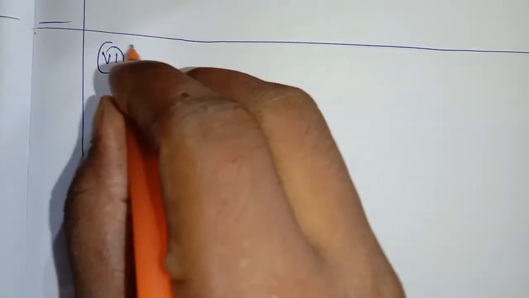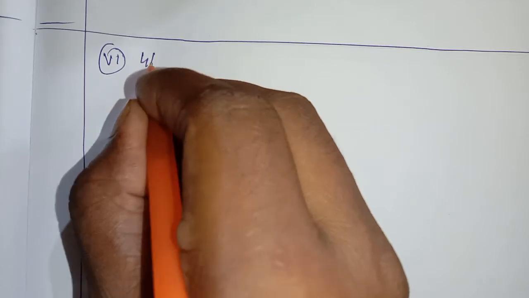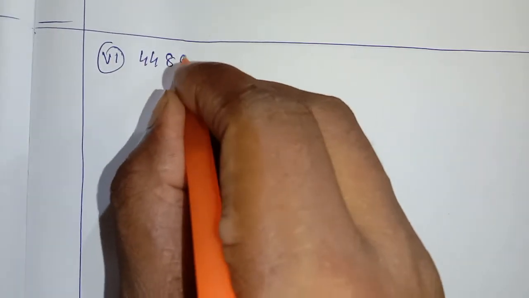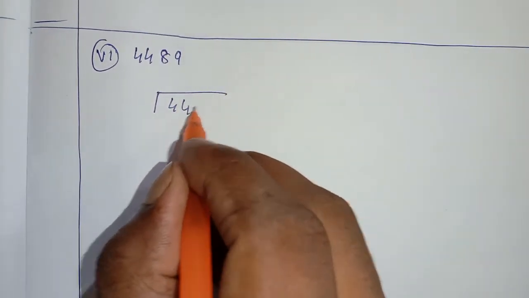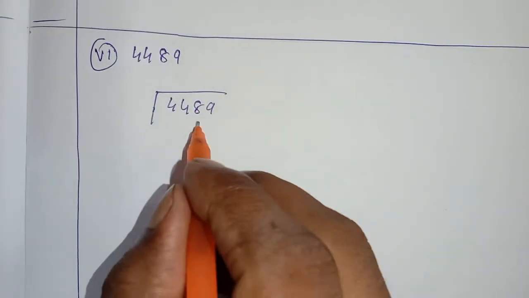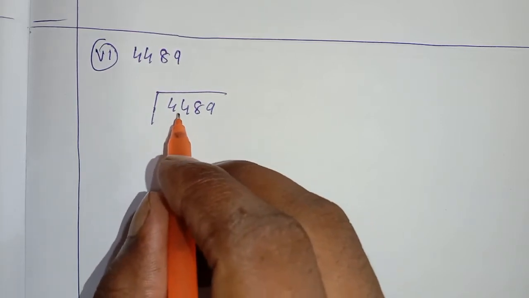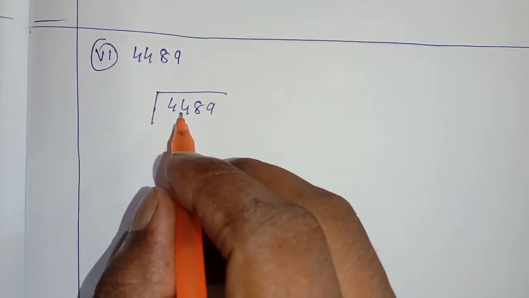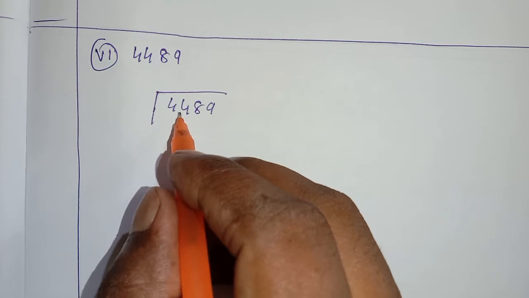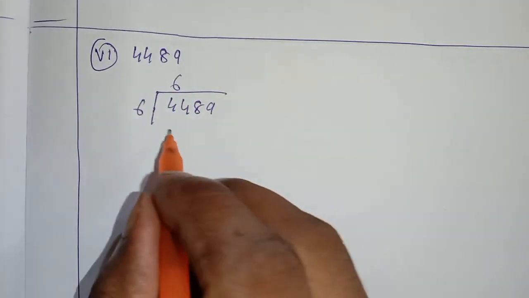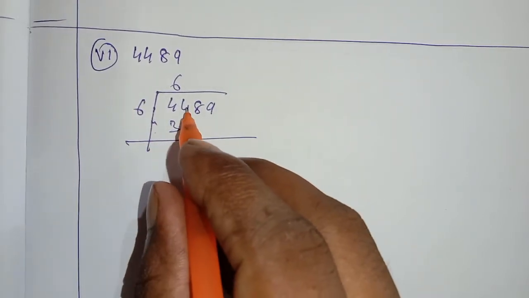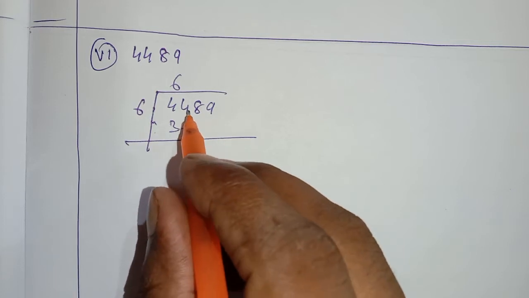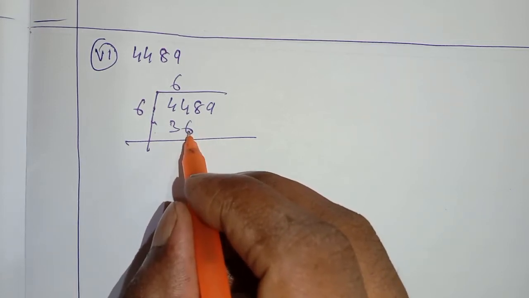Next number 6. 6 is given, 4489. Okay. Then now see here, 4489. If we take two numbers, this two, then means first is 44. Then 44 will go with what number? 7, then 49. 7 7 is 49. But we have to take 6. 6 6 is 36. Now minus, then what will we get? 44 minus 36. That means 14 minus 6, then 8.